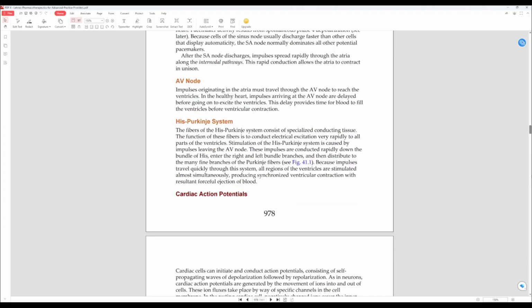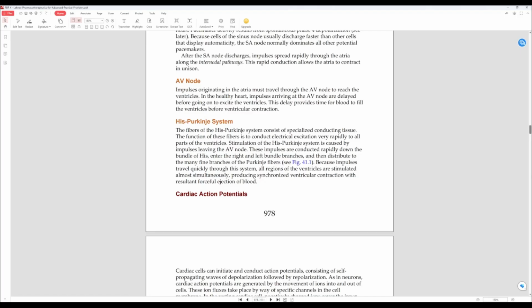His-Purkinje system. The fibers of the His-Purkinje system consist of specialized conducting tissue. The function of these fibers is to conduct electrical excitation very rapidly to all parts of the ventricle. Stimulation of the His-Purkinje system is caused by the impulses that leave the AV node.